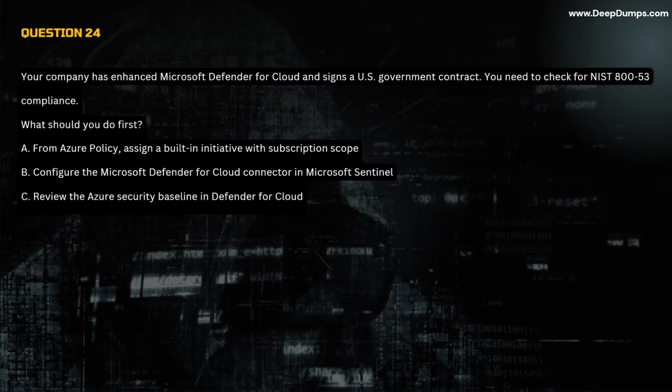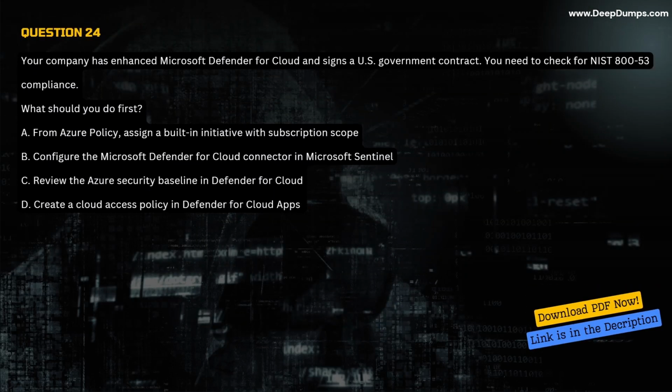Question 24. Your company has enhanced Microsoft Defender for Cloud and signs a U.S. government contract. You need to check for NIST 800-53 compliance. What should you do first? A. From Azure Policy, assign a built-in initiative with subscription scope. B. Configure the Microsoft Defender for Cloud connector in Microsoft Sentinel.